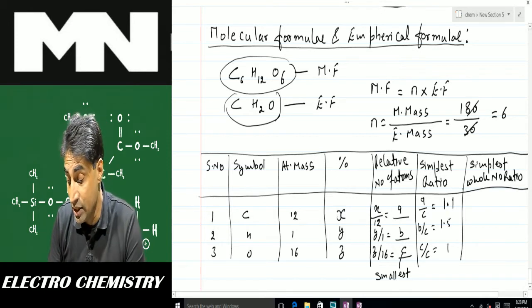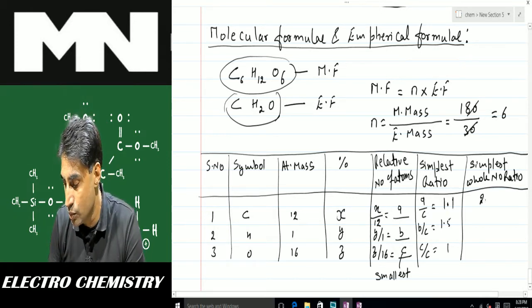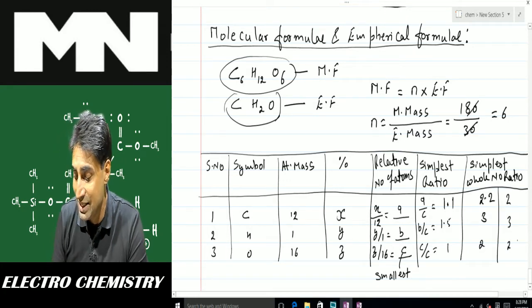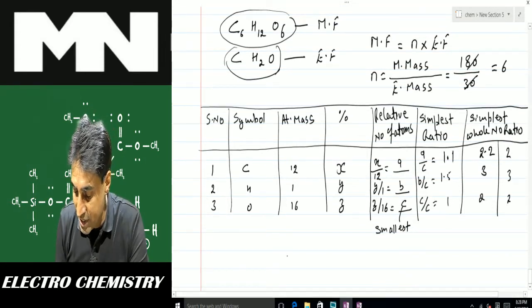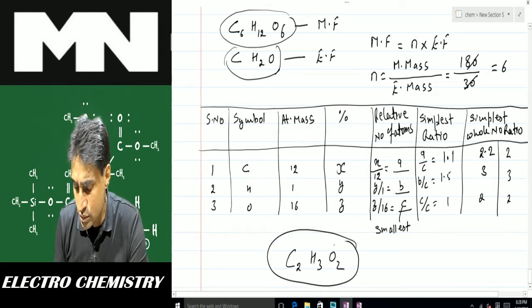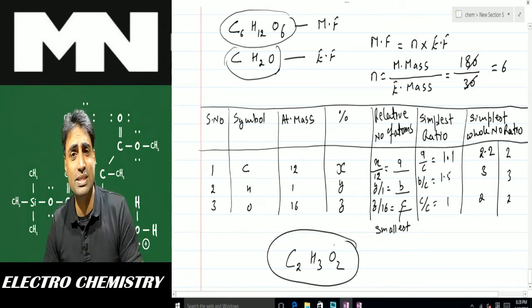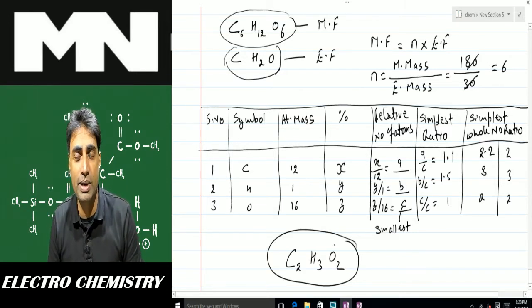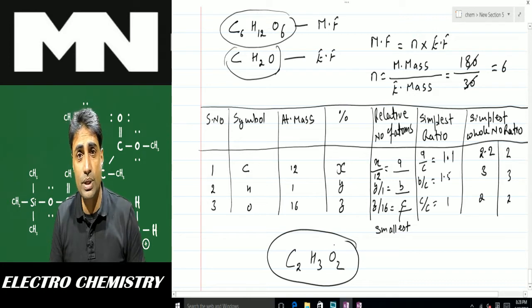If I multiply all of them by 2, I will get 2, 2.2, 3, which comes out to be 2, 2, 3. In that case, I can say that the empirical formula is C2H3O2. I give you this example randomly. So this is how we can calculate the empirical formula. Once you calculate the empirical formula, you multiply it by n and you will get the molecular formula. So this is how you can do it.